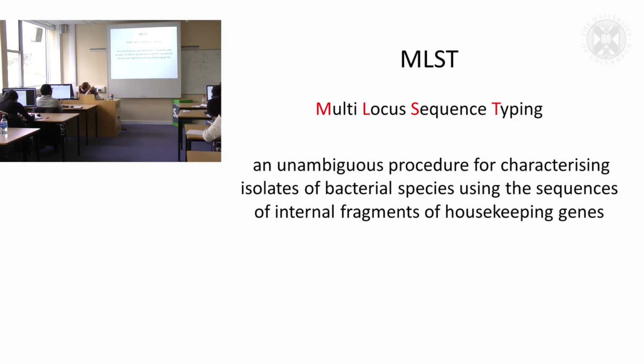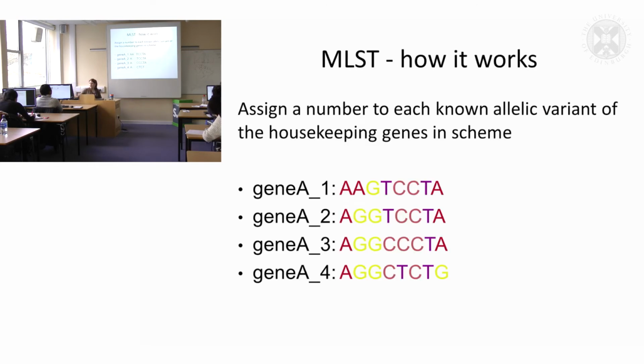And so what you do is you take a few of these housekeeping genes. It's normally 6 to 8, and you just look at some internal fragments of these genes. So if you imagine that you had gene A, and each of these is a different organism of the same species, so a different strain of the same species, you can see that there are slight mutations, slight differences within this gene.